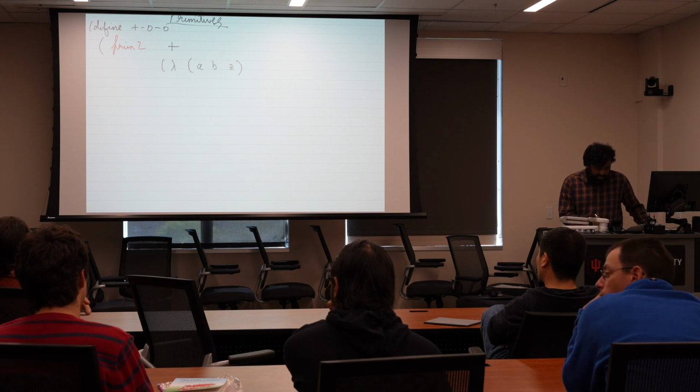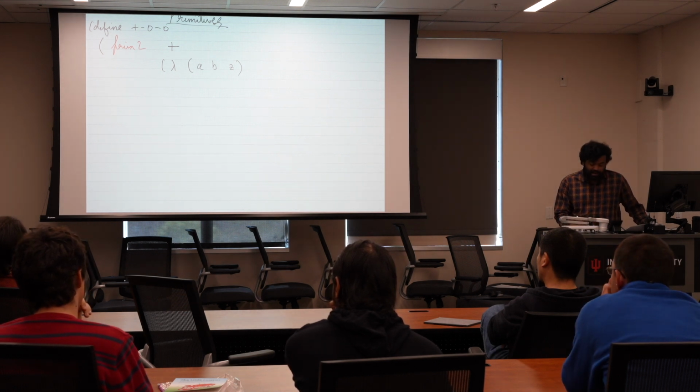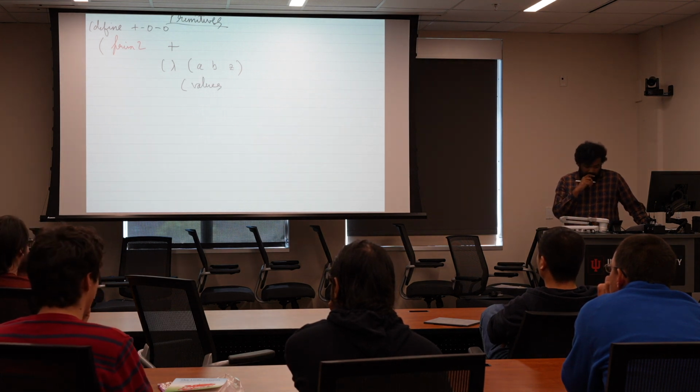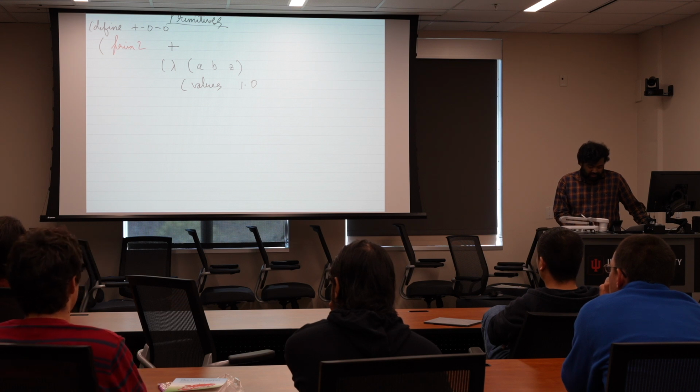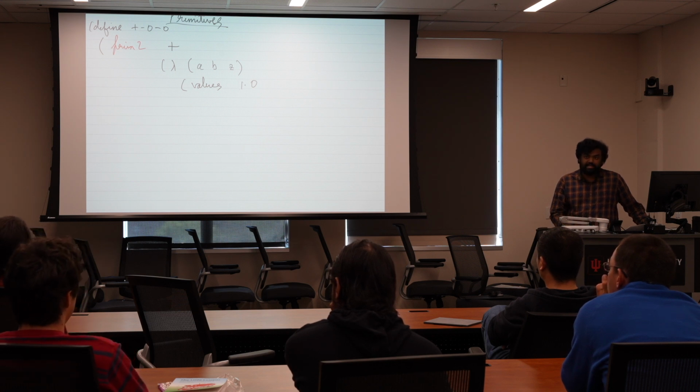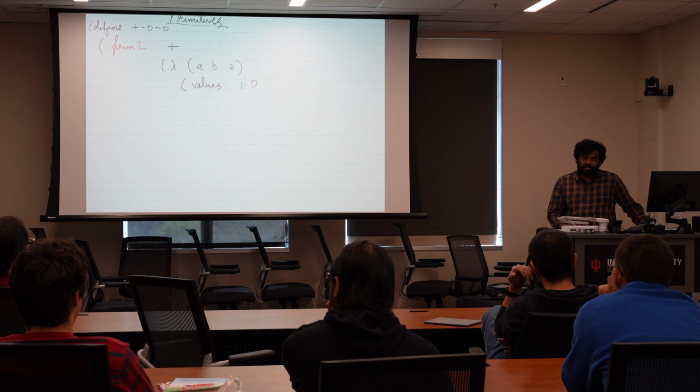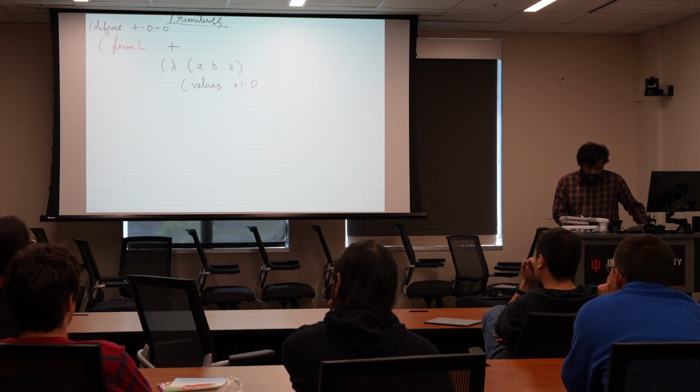Since plus is a binary function, it should return 2 values. So we use the brackets values feature to return 2 values, and the derivative of plus with respect to its first argument is just 1.0 times z. Because a plus b derivative with respect to a will just be 1 since b is a constant, and then you have to multiply that by z because of how chain rule works and how you need to build up the multiplicative accumulator.